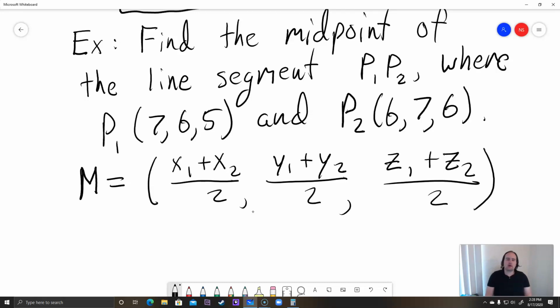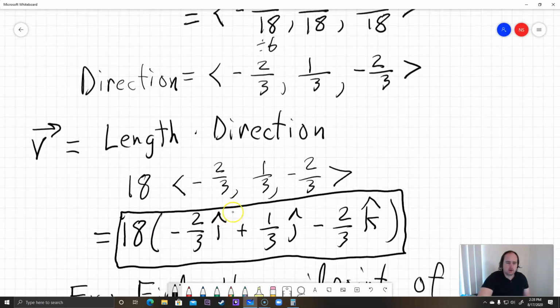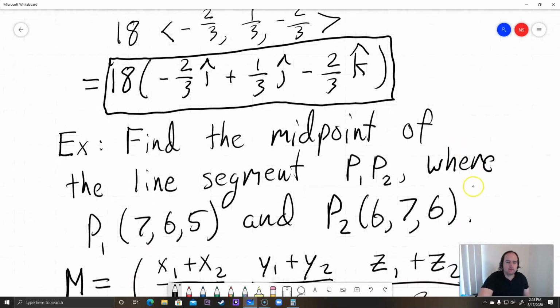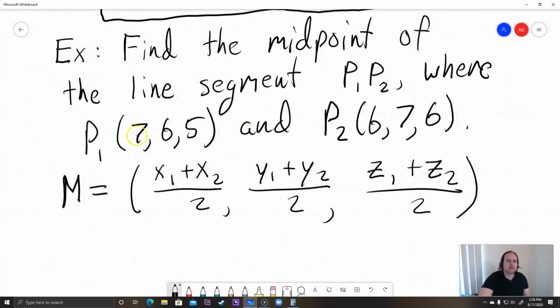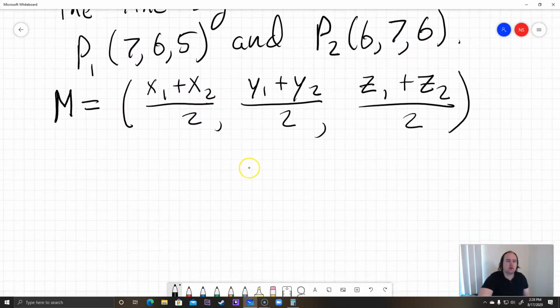Okay, so basically all you do is you add each component and you divide by 2. And here you don't even have to do anything with a vector because they give you the initial point and the terminal point. So you're just adding the components and then dividing by 2.